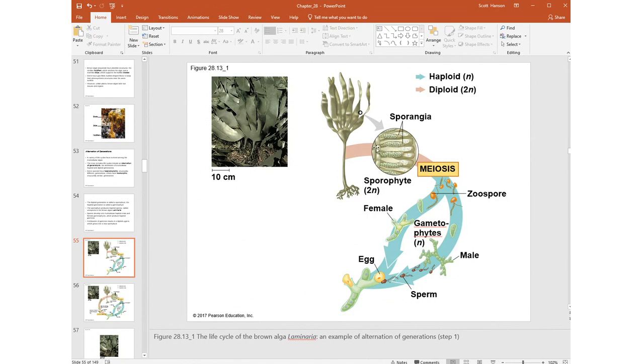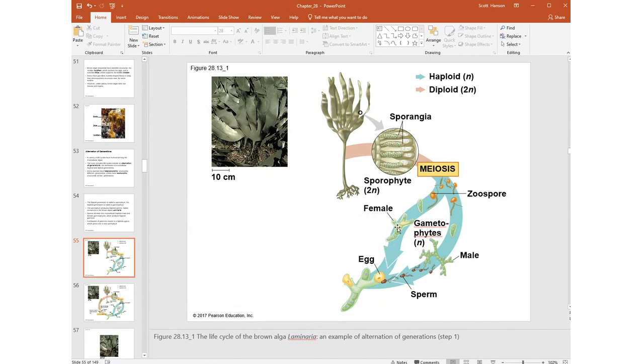So basically the sporophyte produces spores, and the spores go through meiosis to produce haploid zoospores. And these haploid zoospores produce male and female gametophytes that are haploid, and the male and female gametophytes produce haploid gametes.